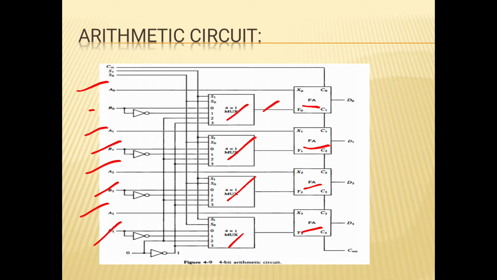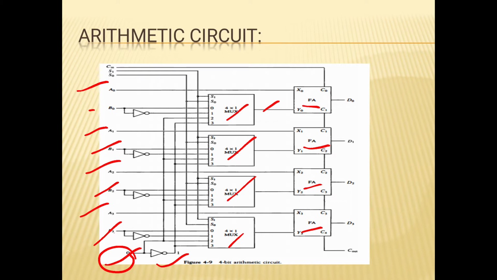Every 0 input is connected to the B bit, B means B0, B1, B2, B3. And every 1 input is connected to the complement of the B bit, that is B0 complement, B1 complement, B2 complement and B3 complement. And the 2 input is connected with the 0 bit and the 3 input is connected to the 1 bit.